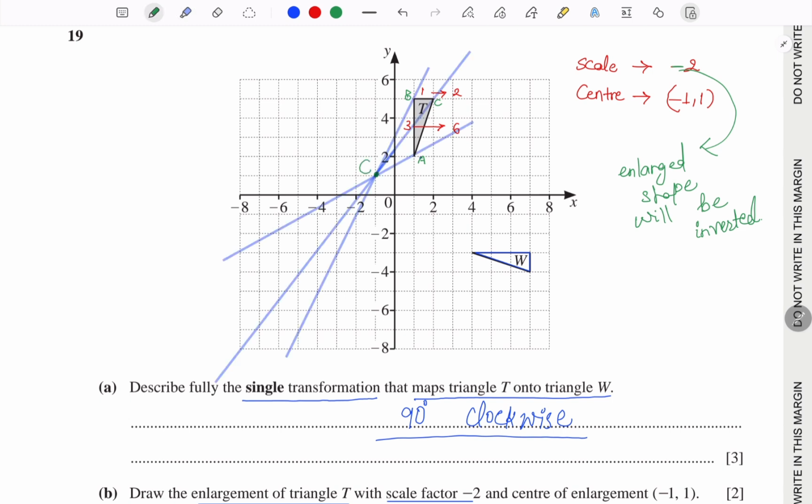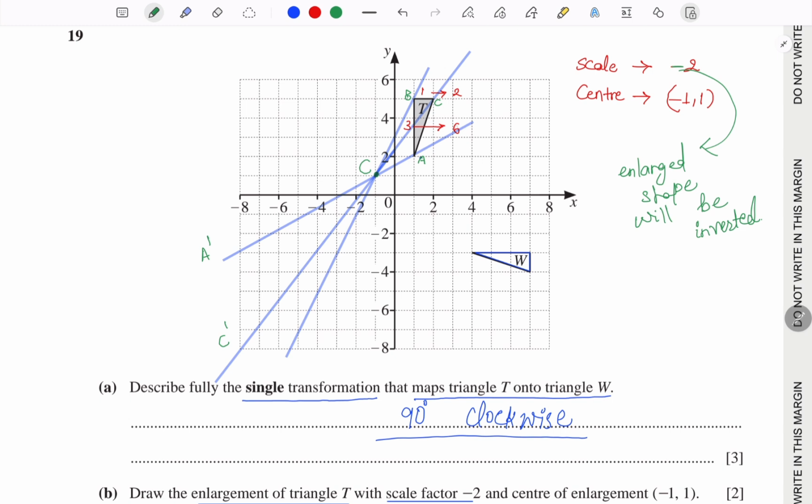Here you can see that I have drawn 3 lines passing through the center of enlargement and each of the vertices of the triangle. Since this line is passing through A, I will call it A dash. This one is passing through C, so this will be C dash.